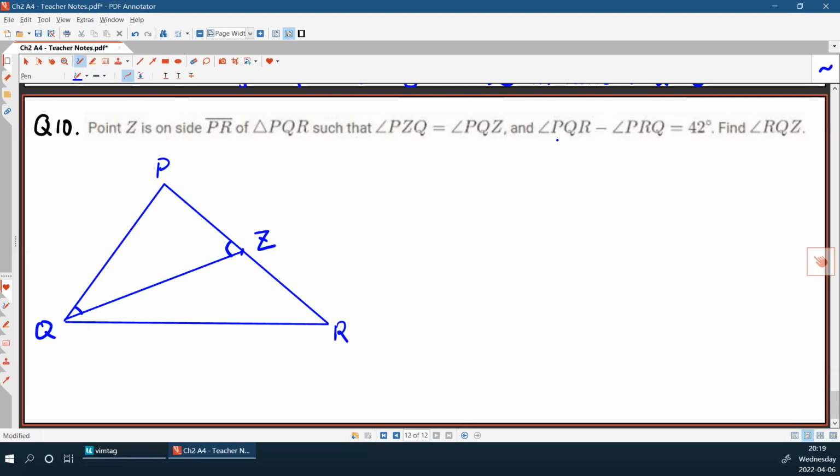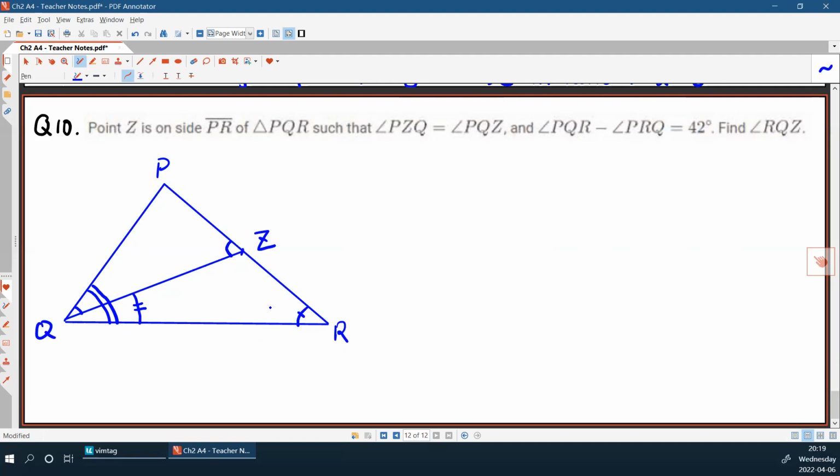And also, the difference between PQR, which is here, and PRQ, which is the angle here, right, is 42 degrees. Then the task is to find angle RQZ, which is here. Okay, this is our target, right? We need to find this angle.